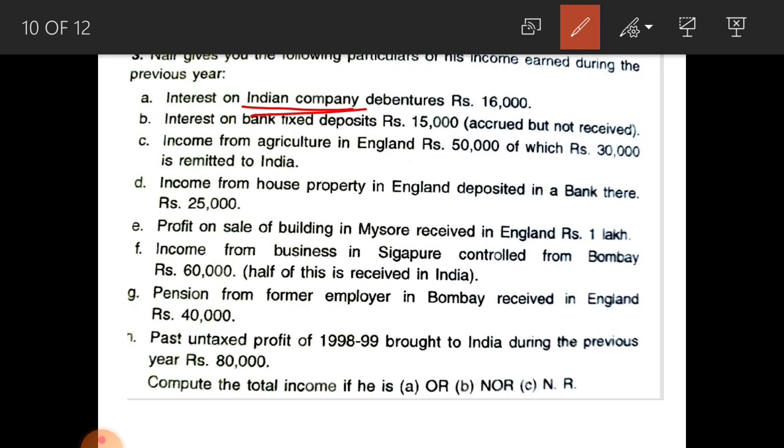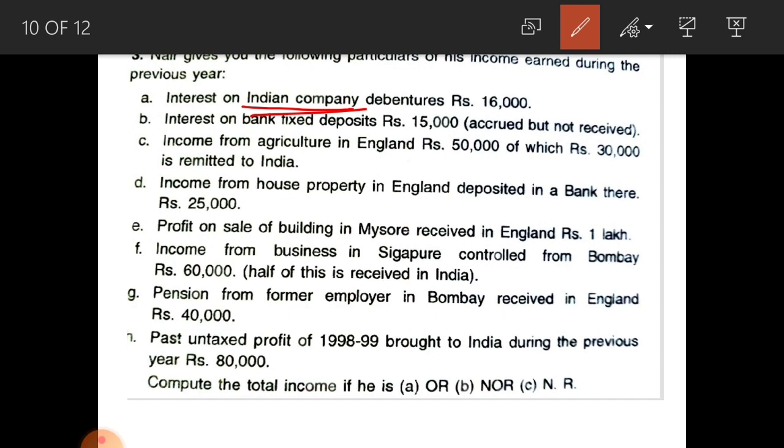Next one, income from agriculture in England, rupees 50,000, of which 30,000 is remitted to India. Here, only an ordinary resident must pay tax on this 50,000.